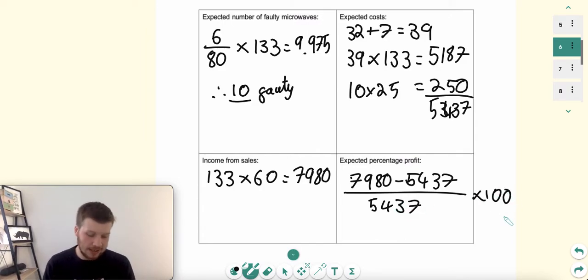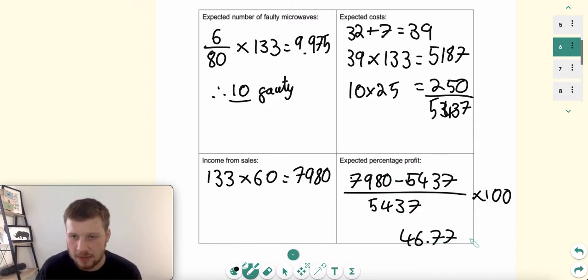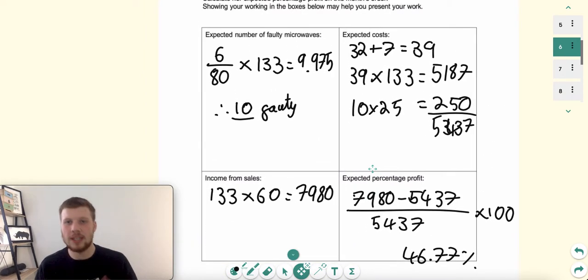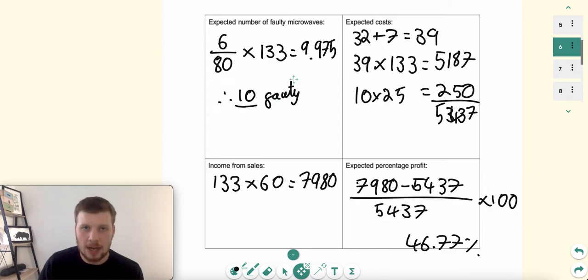So 7980, take away 5437, divided by 5437, and that gives me, when I multiply by 100, 46.77%. And that would be my answer. So I've clearly laid out my workings out, how much for expected faulty, cost, income, and then the percentage profit.